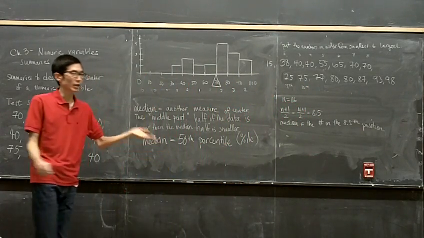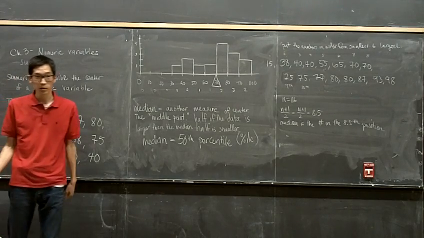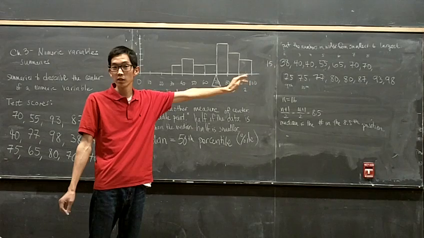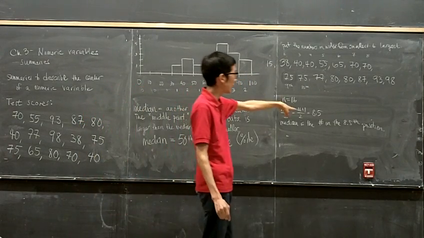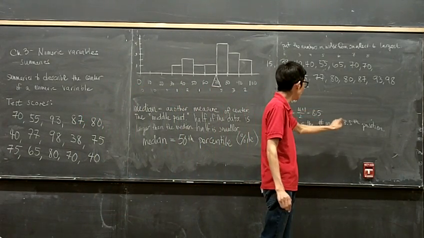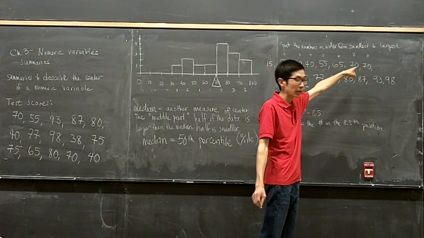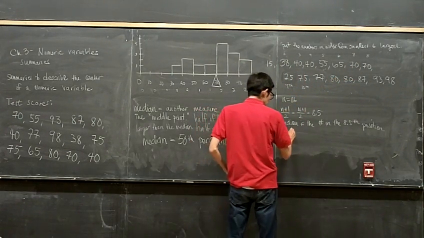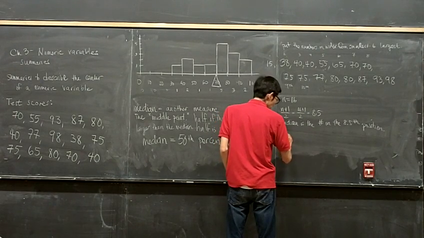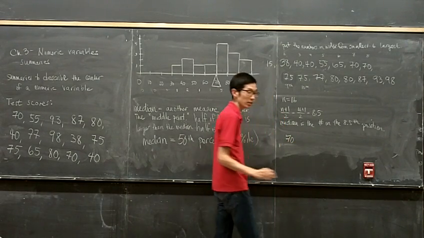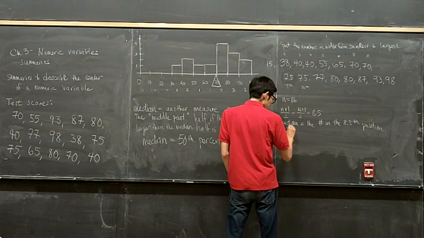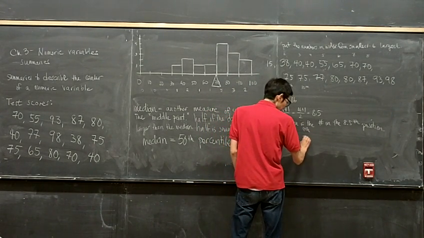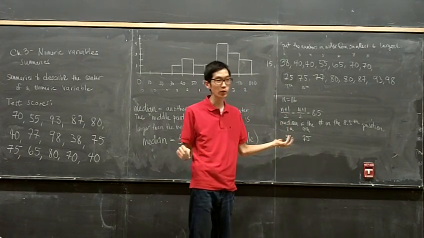So I don't have a number in the 8.5 position, but I have my 8th place number and my 9th place number. So the number that's in the 8.5 position is the number that's in between my 8th place number and 9th place number. Okay, so 8th place is 70, and what's my 9th place number? 75. So what is in between here?